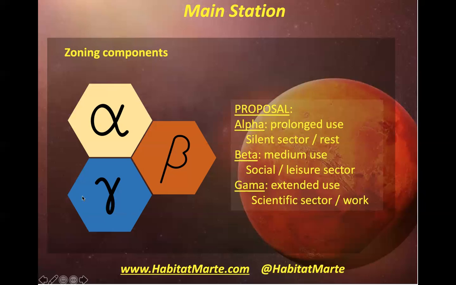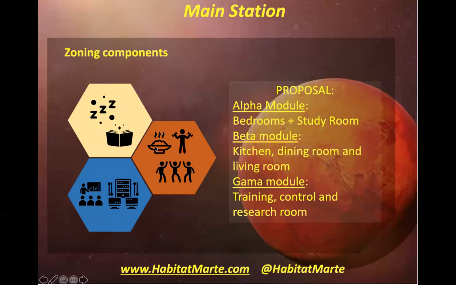In our imagination, one area is not enough, but three areas together. You can see the alpha model here. It's possible to see the bedrooms, the study room, rest room, also bath, everything here, in terms of comfort of the astronauts.